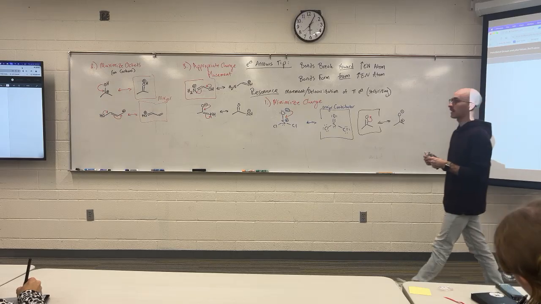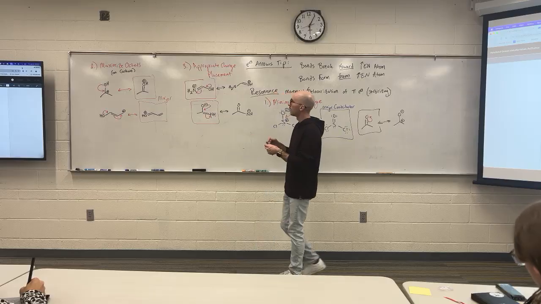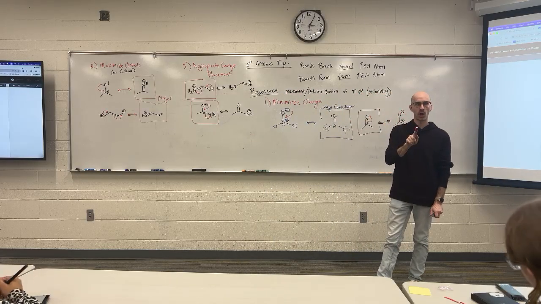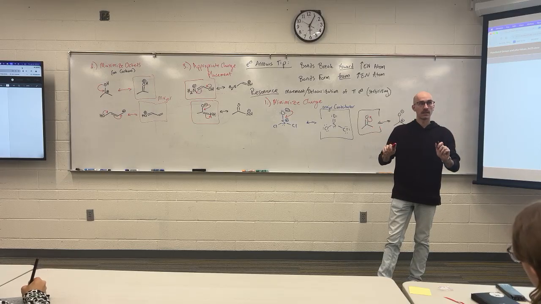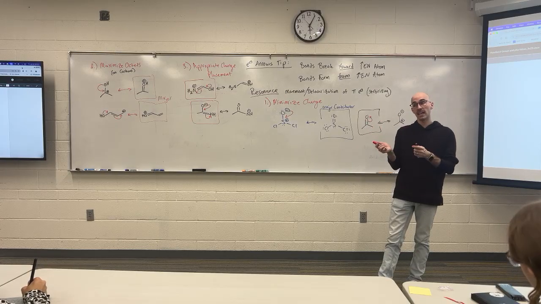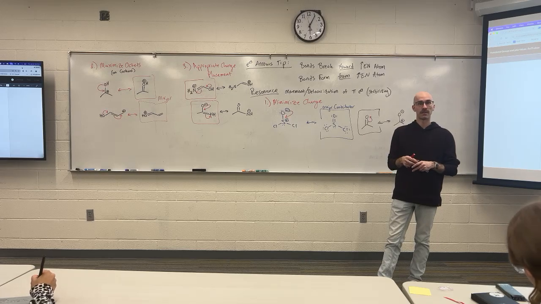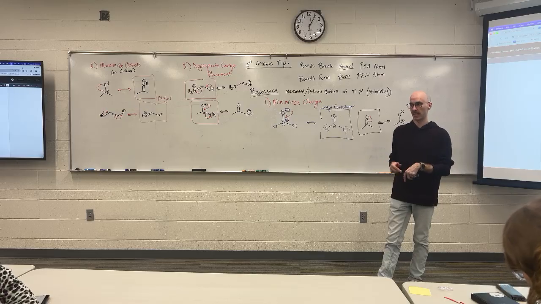In fact, this is something I have students come back to a lot throughout the semester. They'll say, I thought appropriate charge placement was put the charge on the more electronegative. It's not, is it? It's placing the charge appropriately. If it's a negative, put the negative on the more electronegative atom. If it's a positive, place the positive on the less electronegative atom.